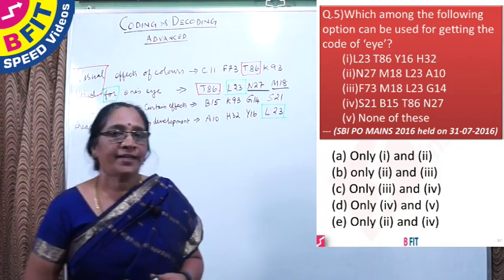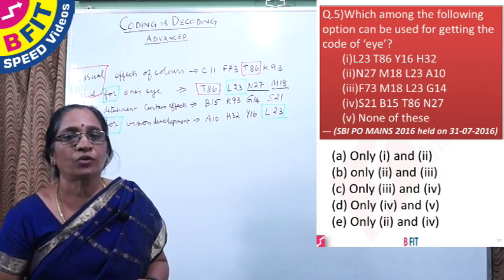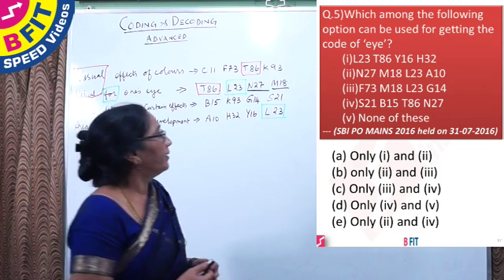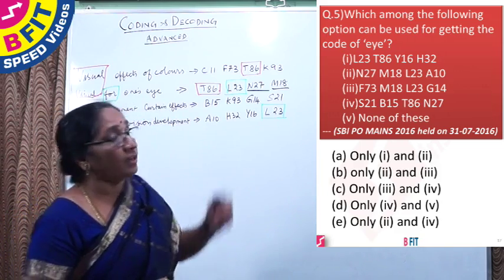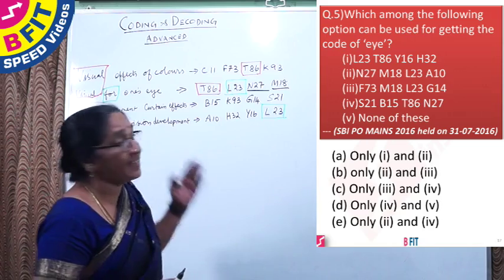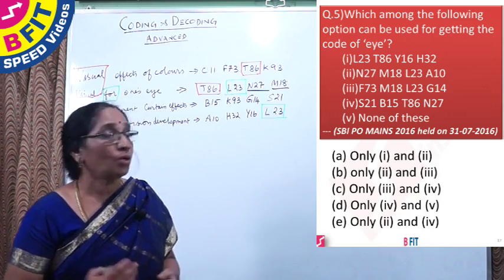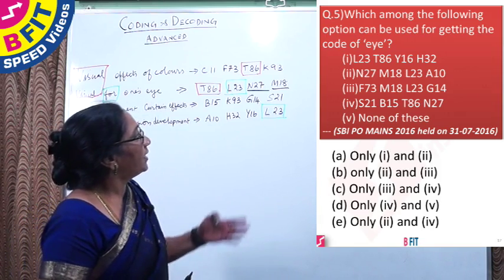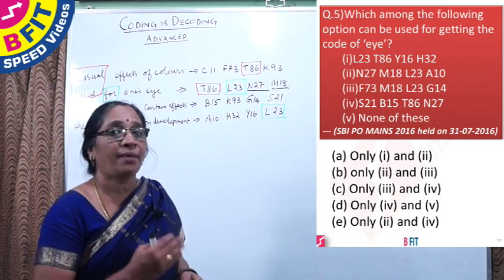Now let us find from the answer options which of the codes are to be used to find the code for I. We find that in option 1 neither N27 is present nor M18 is present. So it has to be ruled out. While considering the second option, we have both N27 and M18.